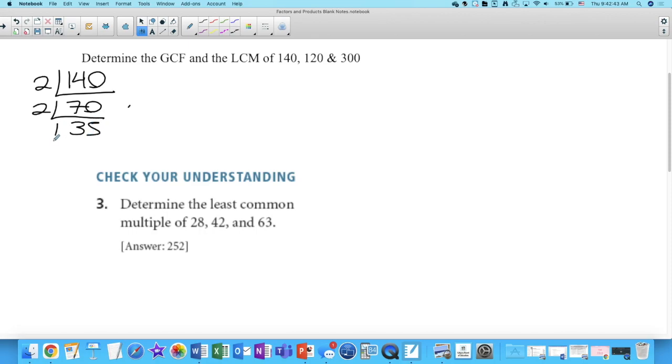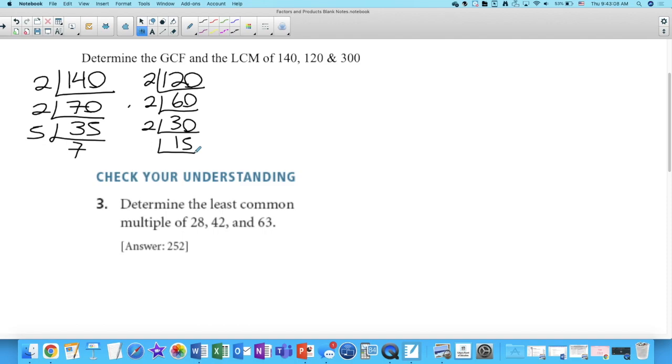Okay, and then if I look at 120, this is divisible by 2, and that's 60. And I can keep going with the 2s. 60 divided by 2 is 30. 30 divided by 2 is 15. And then this is not divisible by 2 anymore, but I can divide it by 3. It's 3 times 5. 5 is prime, so I can stop.